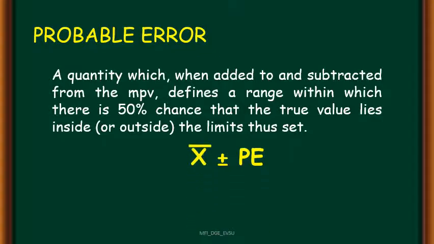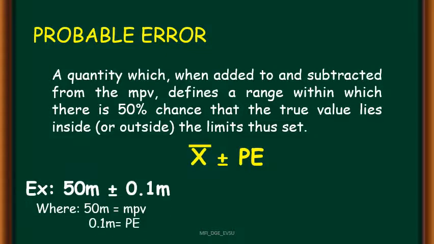For example, this is where you can write your most probable value plus minus the probable error. For example, you can write 50 meters and example, meron siyang error na 0.1 meter. You can write 50 meter plus minus 0.1 meter. So, where your 50 meter is your MPV, that is your X bar. 0.1 meter, that is your probable error.